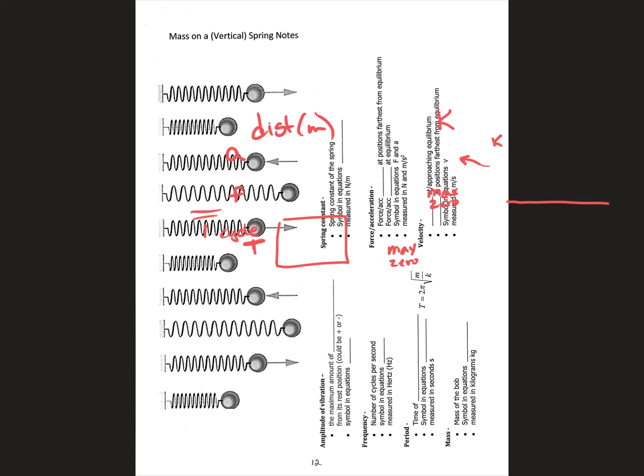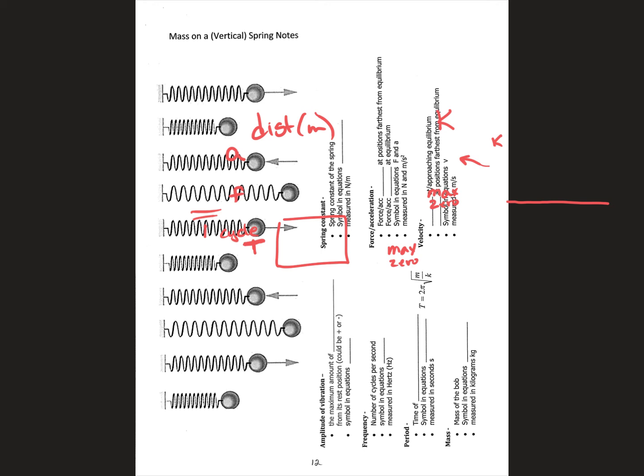And now, let's review some of the things that we've already examined with swinging pendulums about force and velocity. So when does a mass on a spring have the greatest force? It's maximum when it is farthest from the equilibrium position.